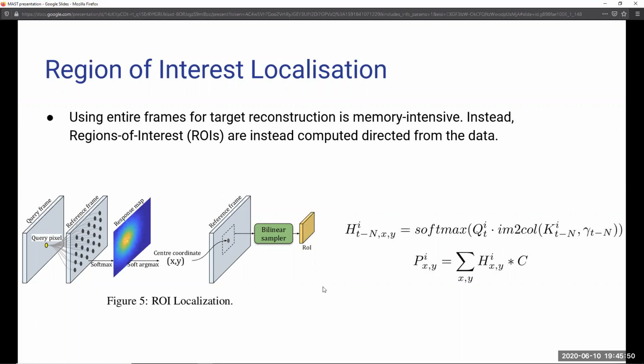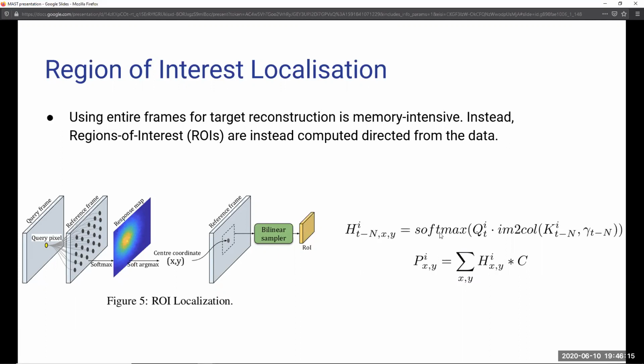So here in the query frame, query pixels are being processed to determine similar regions, and using that, H, our heat map, is created, where it has collected the affinity score. So this is our H, and technically this is our affinity score, which uses softmax.